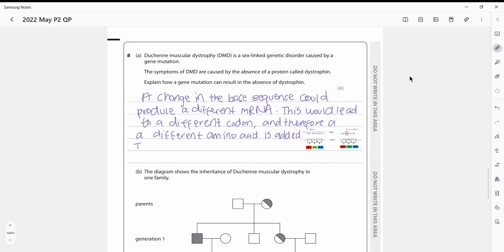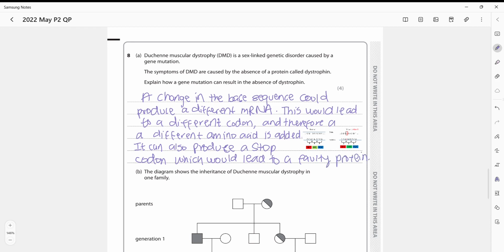It could also produce a stop codon, which could lead to a faulty protein.